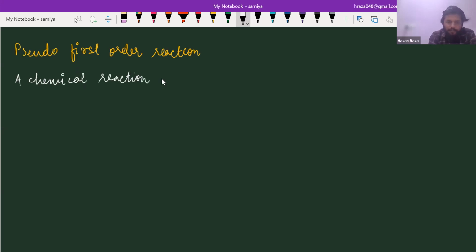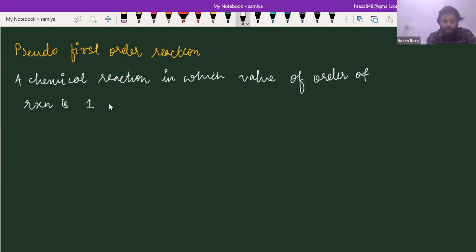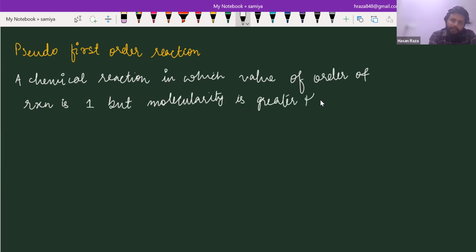A chemical reaction in which the value of order of reaction is 1, a reaction which has order 1 but molecularity greater than 1, is known as a pseudo first order reaction.